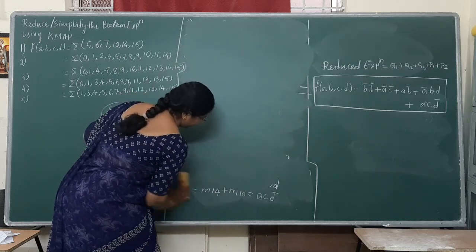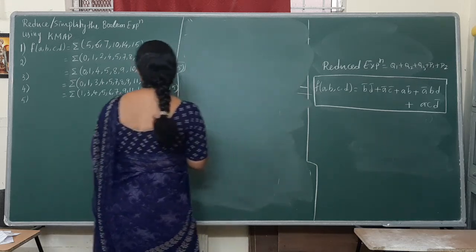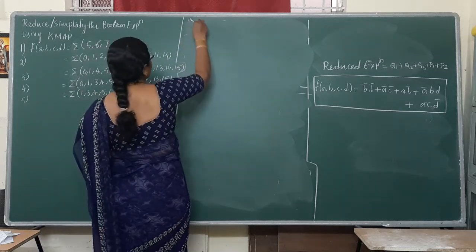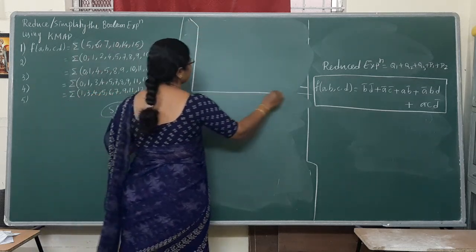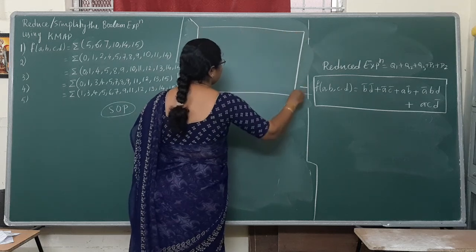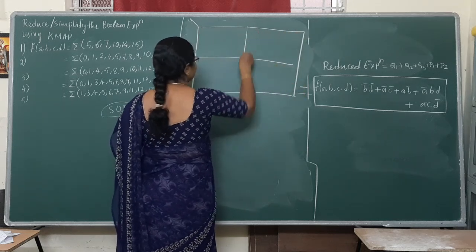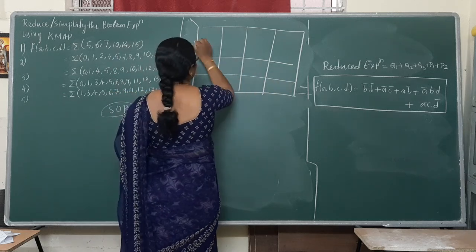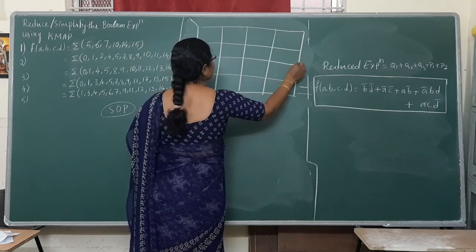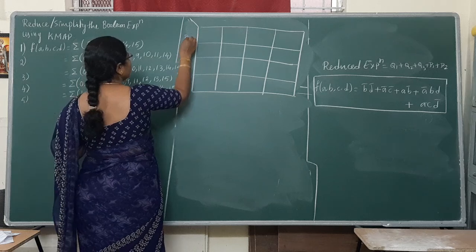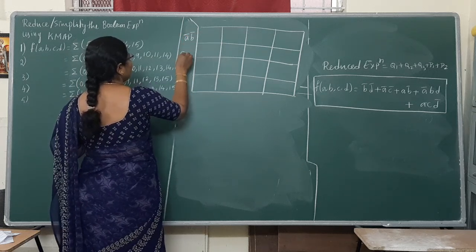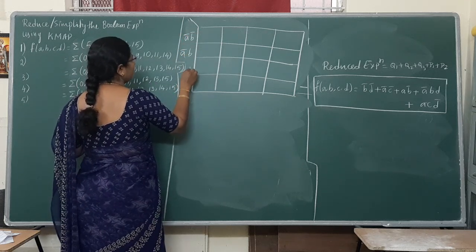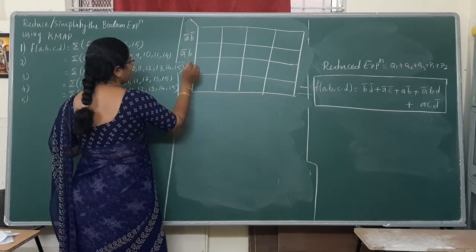Yes, shall we move to the third one now? The third one, here also the variables are the same: A, B, C, D. Write the 16 cubes in the K-map. Give the labels for each row and column. A complement B complement, A complement B, A B, A B complement.